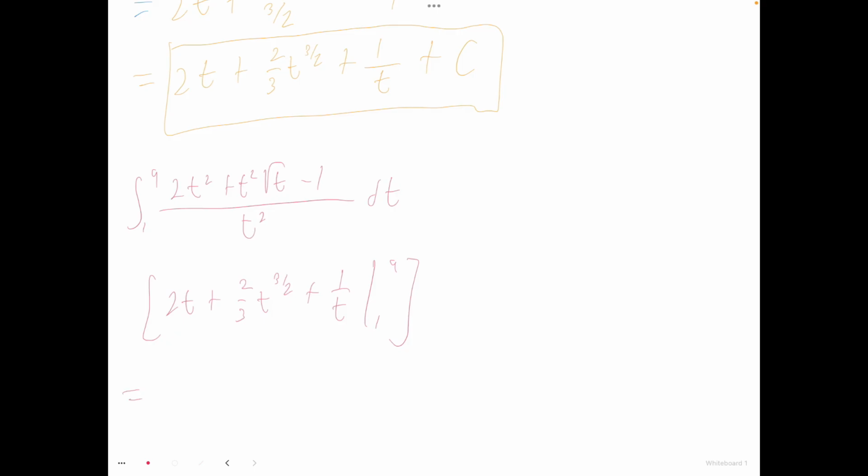And so this becomes 2 times 9 plus 2/3 9 to the 3/2 plus 1 over 9 minus 2 times 1 plus 2/3 1 to the 3/2 plus 1 over 1.